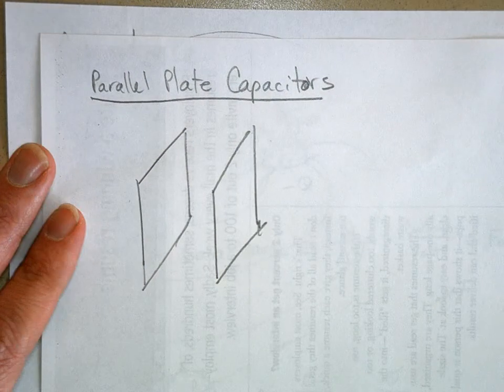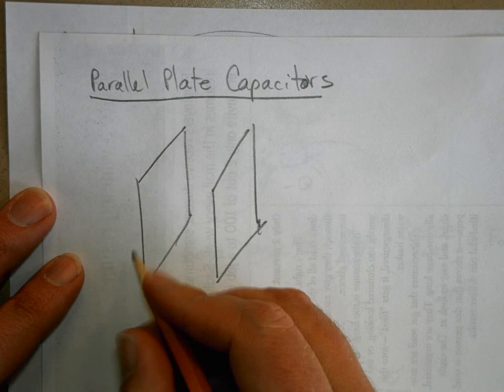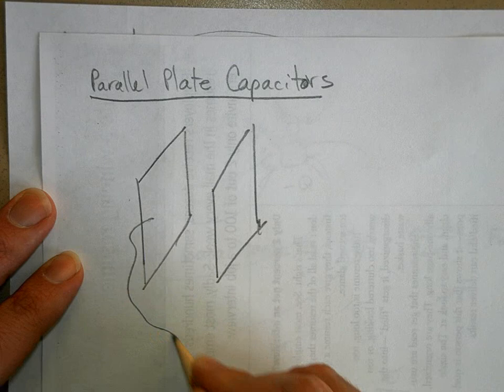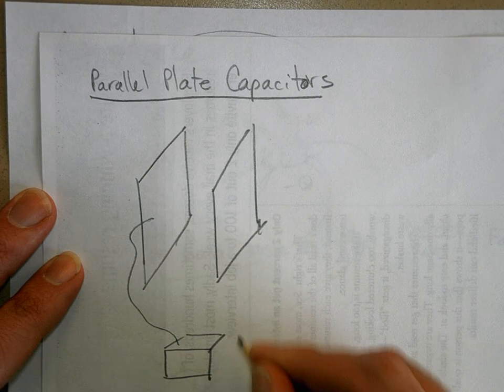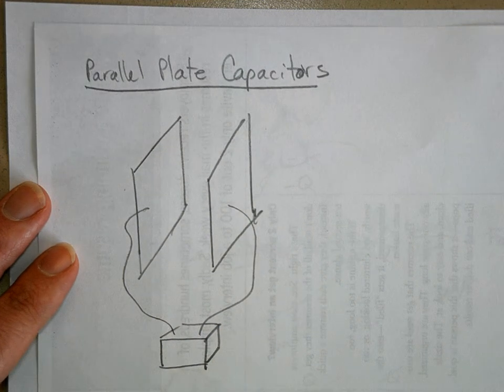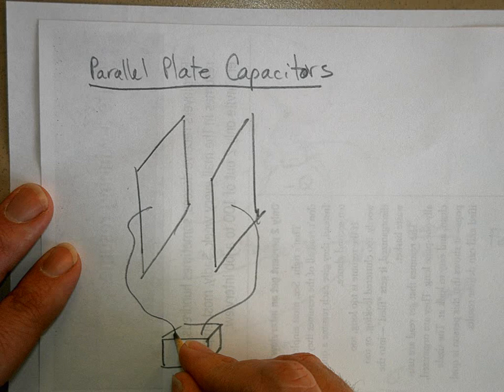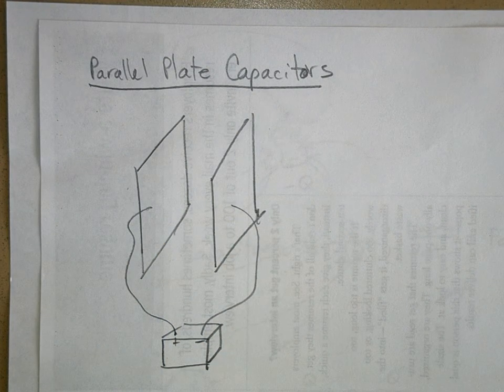Now, first of all, we're going to take a wire and attach it to a battery. So here's a car battery or something. And we're going to say this is the positive terminal and this is the negative terminal. So now let's talk about the essential geometry here. There are only two things you can change on a parallel plate capacitor.